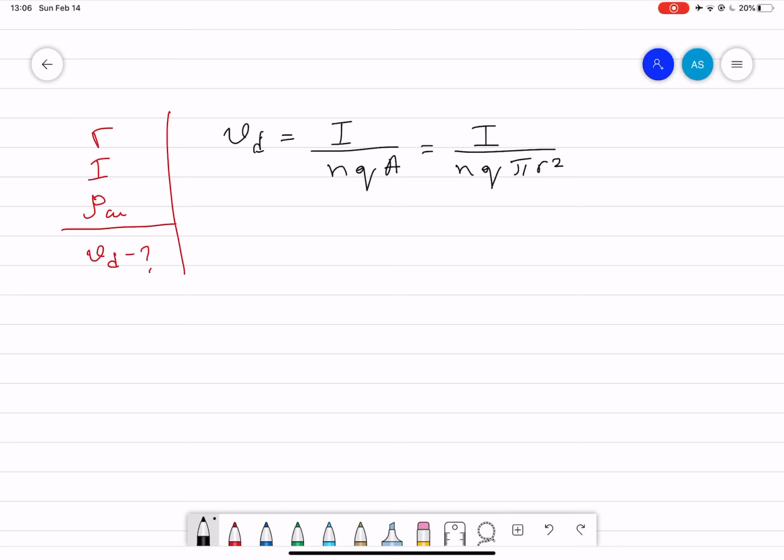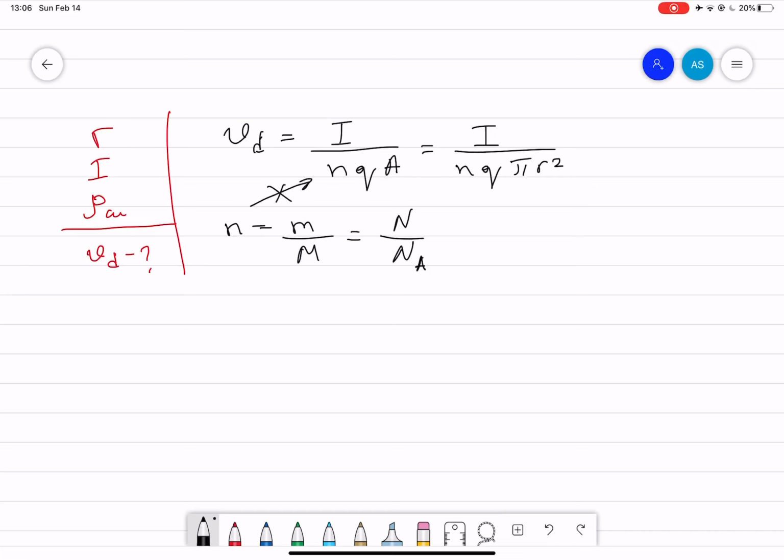First of all, we know that m divided by capital M is equal to N divided by N_A, correct? So don't be confused. This N is not that n, okay?